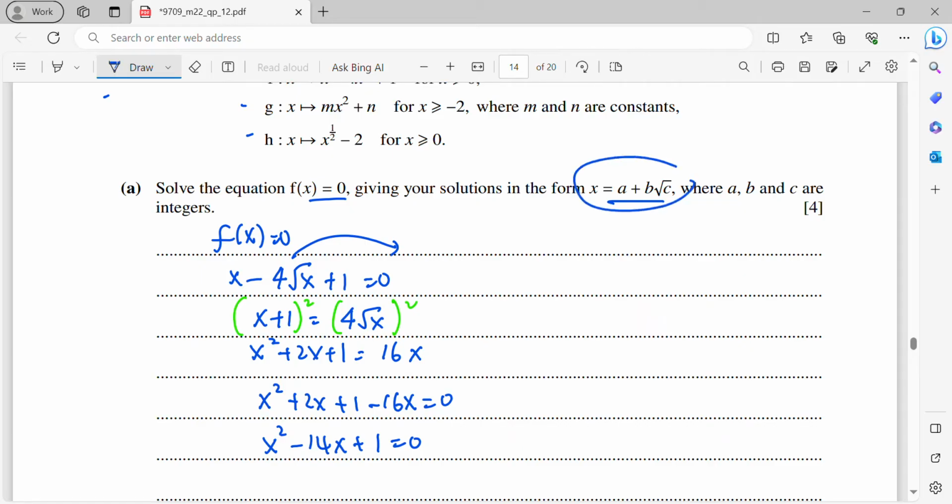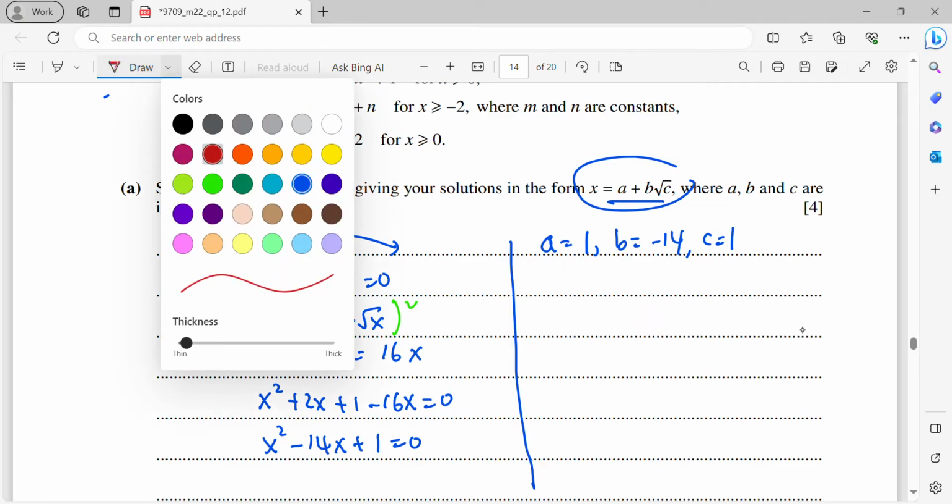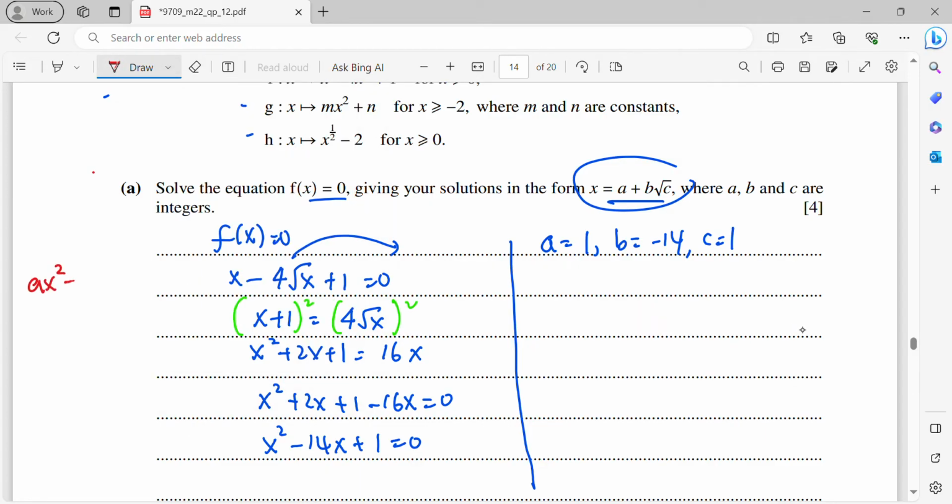Now in order to get this form, obviously you have to solve using the quadratic formula. So now I will write down my a is 1, b is negative 14, c is 1. Now if you refer to the quadratic equation ax squared plus bx plus c equals 0, the quadratic formula is x equals minus b plus minus square root of b squared minus 4ac over 2a.